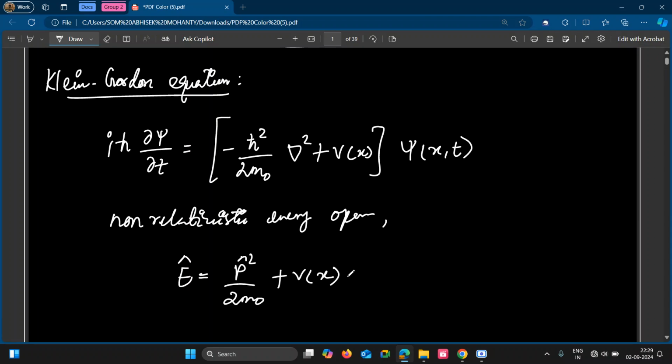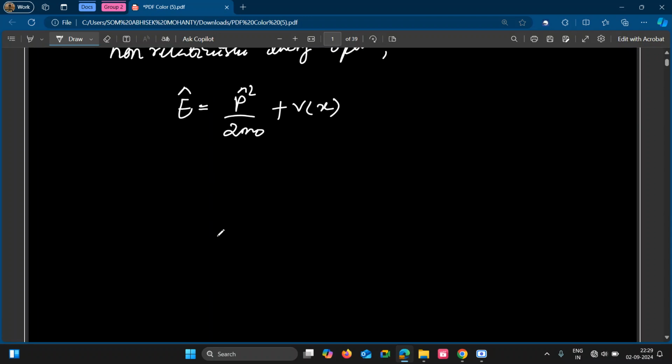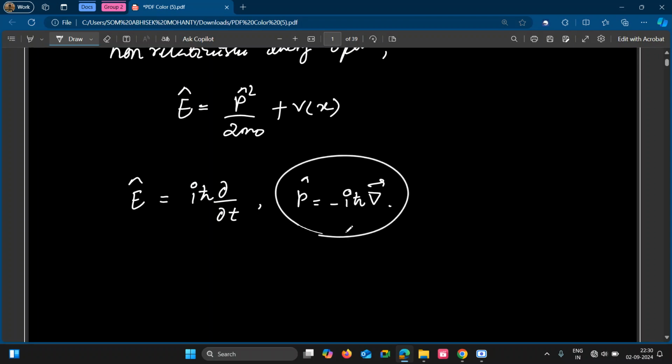Again, what is P? I can also write E is equal to i h-cut del by del t, and P is equal to minus i h-cut del. We know this. So this is the momentum operator, and this is your energy operator.